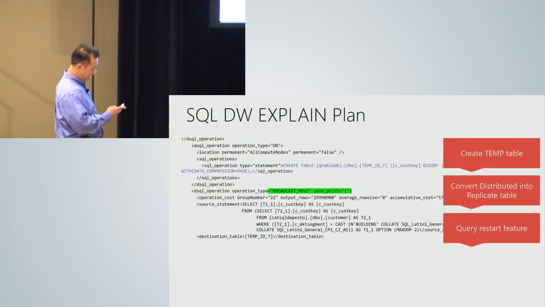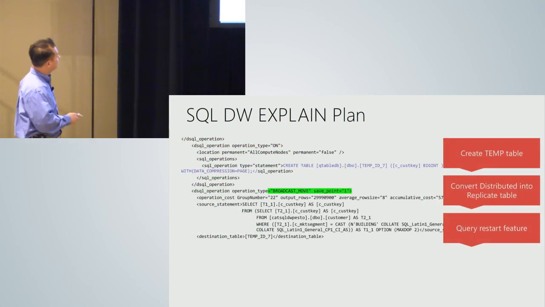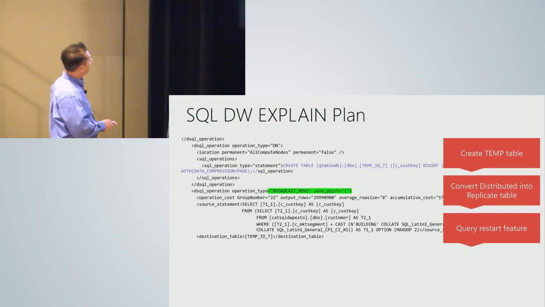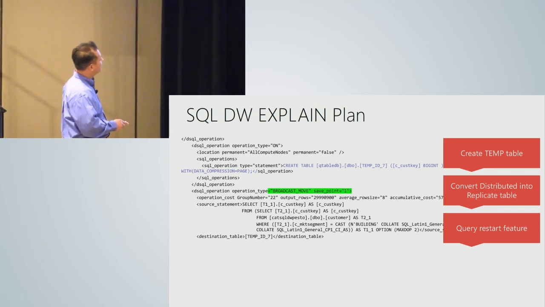And then next is stepping through: first we create the temporary table to prepare for the broadcast move. And here's the broadcast move right here. It's estimating that I'm going to have this number of rows, and then this is the particular query that's solving it. So it's moving the customer key, making a replicated table, and applying the predicate right here. This is what you want to see, right?